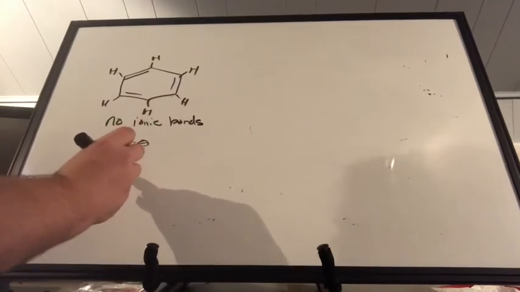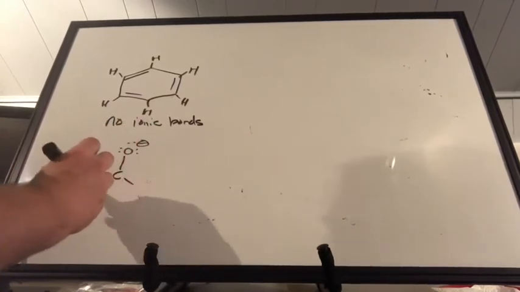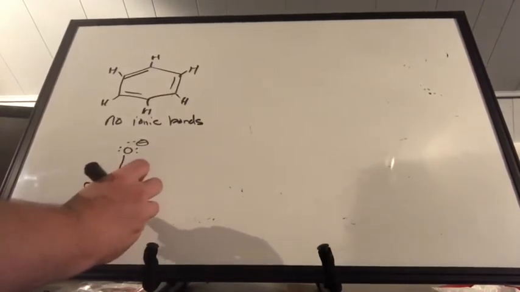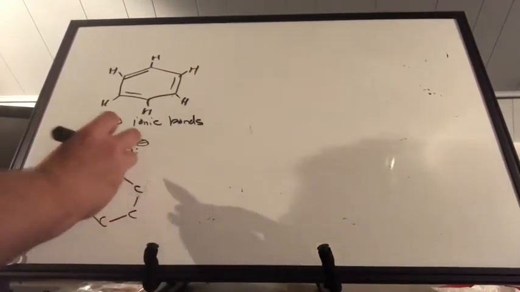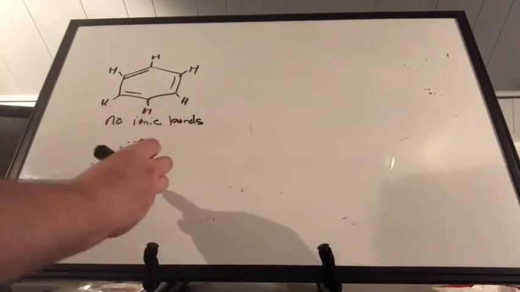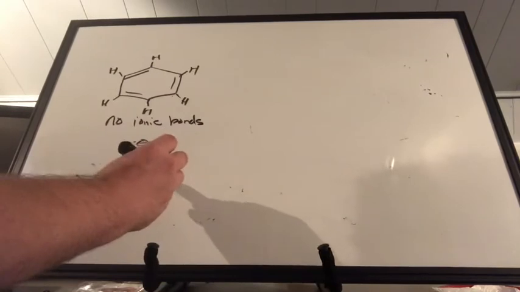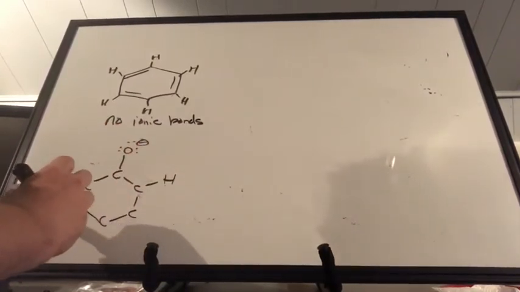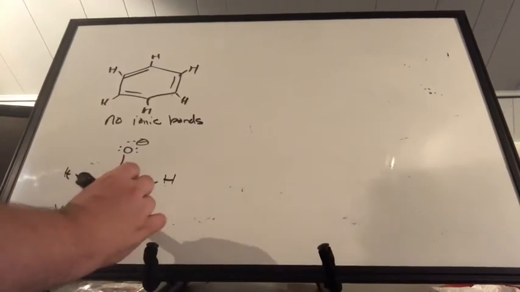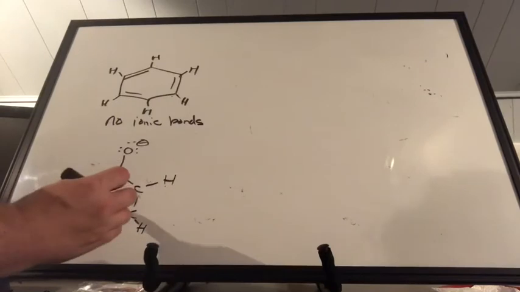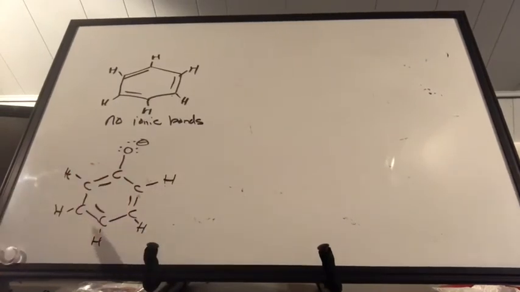Okay, so this is what sodium phenoxide is going to look like. I'm just going to draw the Lewis structure here, and I'll go over some more examples with line structures in a minute. Okay, and then I also want to put my double bonds there to fulfill that full octet.